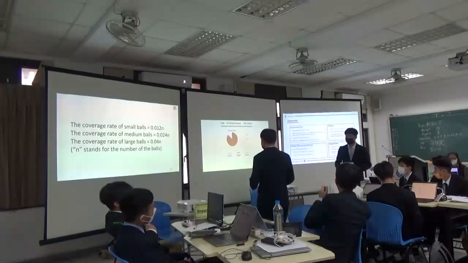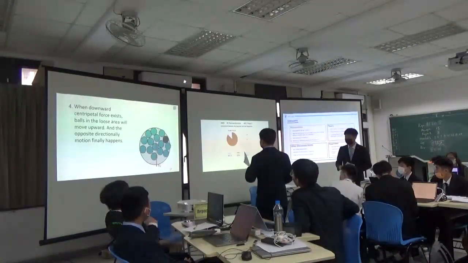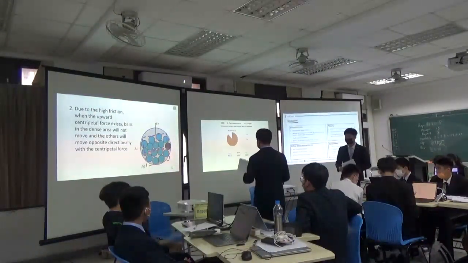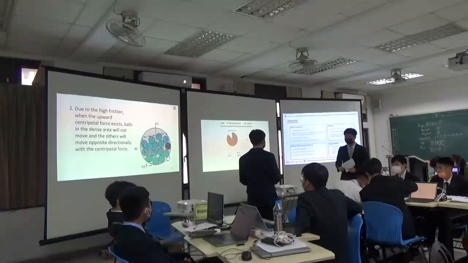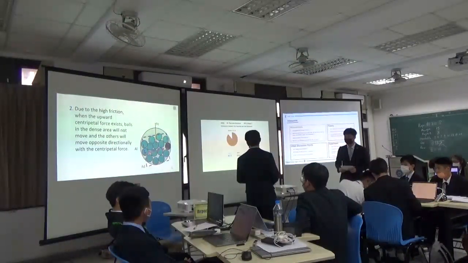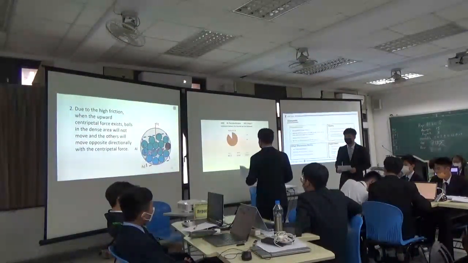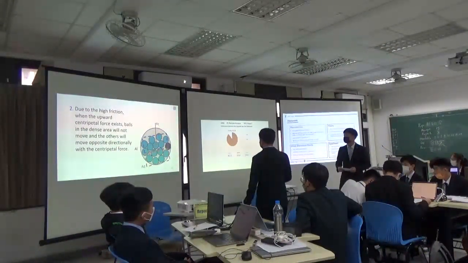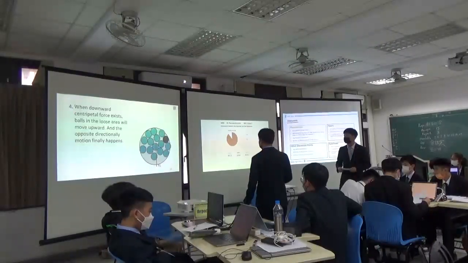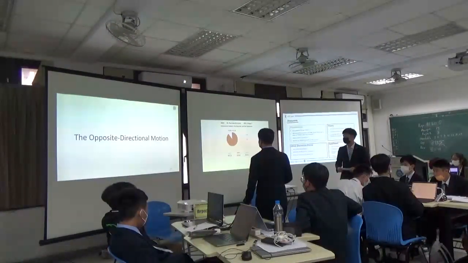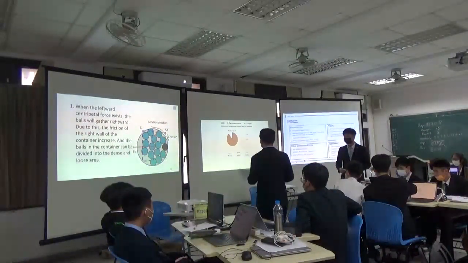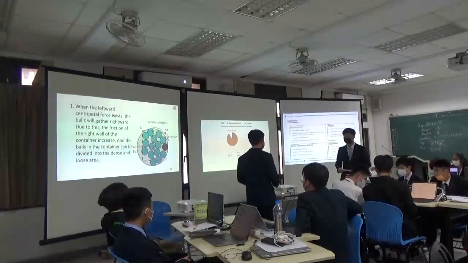Because if our coverage rate is between the co-directional motion and opposite direction motion, it will have a transition zone, because the friction of this motion is not strong enough against the rotation.